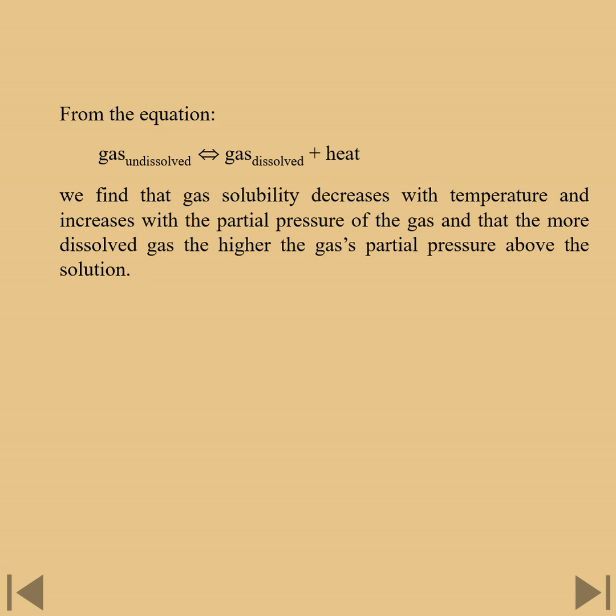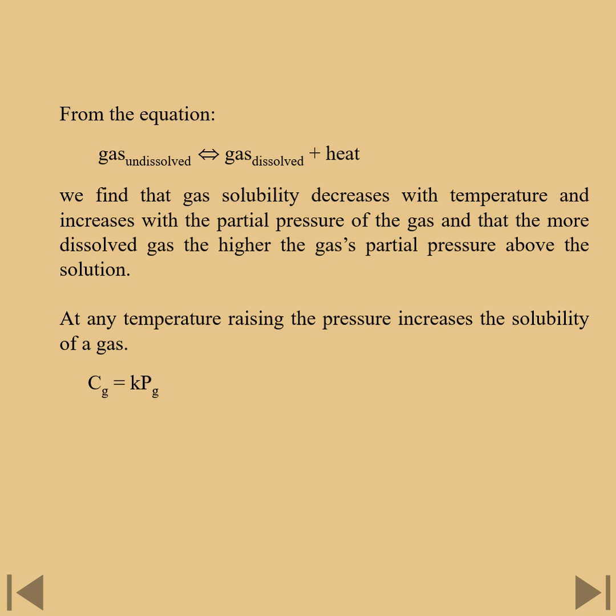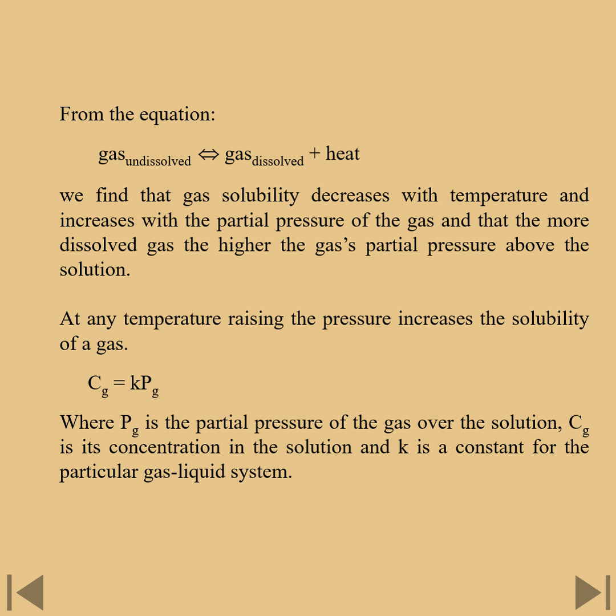Now, the gas can have an effect. Gas has a variable concentration, so that's not a pure substance. And so by increasing the partial pressure of the gas, let's say somehow I could increase the interior carbon dioxide in that beer, I'm going to now add to the left and shift the equilibrium to the right and have more of that gas end up being dissolved.